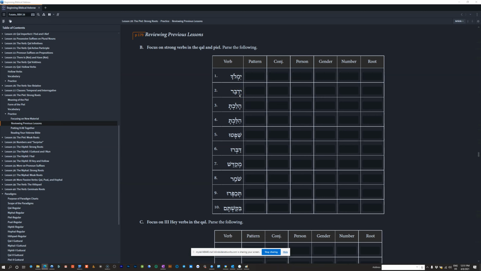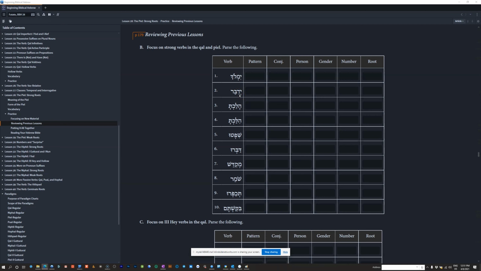All right. So what is my person, gender, number? Well, the tav with a shureq is going to indicate 2MP. So I have a PL imperfect 2MP form of kafar or kiper. And then number ten, I've got a bet at the front. So I have to figure out what to make of this. Is this bet going to be a prepositional bet on an infinitive?